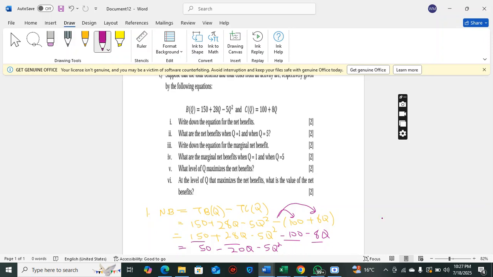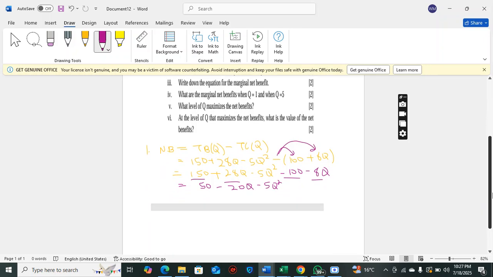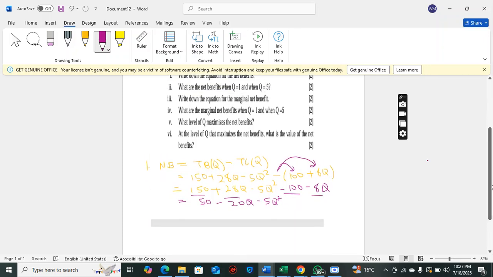Any question, madam? Okay, then number 2: what are the net benefits when Q equals 1 and Q equals 5? For this one, it's just a matter of substitution. When Q equals 1, we put it into our net benefit equation: 50 plus 20q minus 5q squared. Where there's a Q, we substitute it with 1.